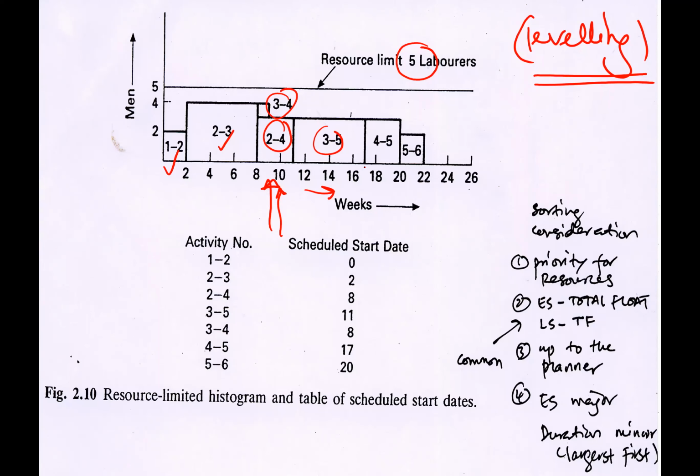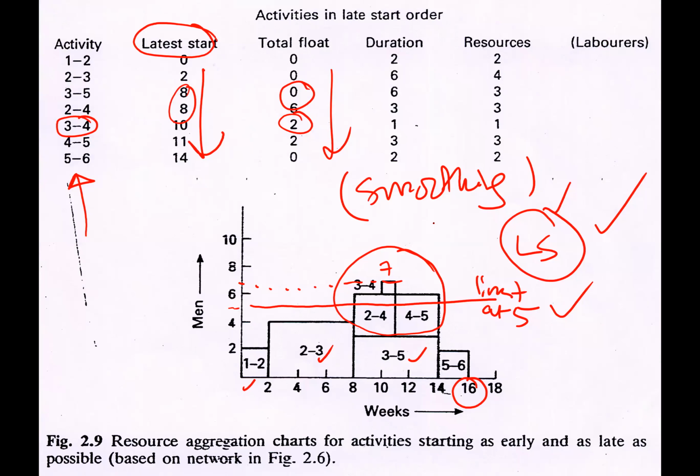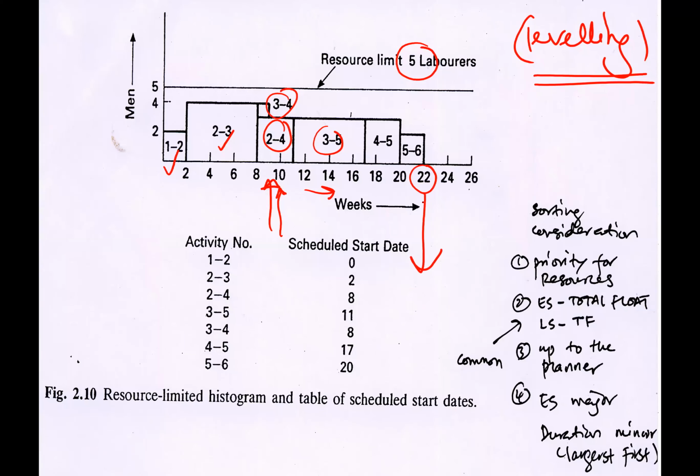And you notice what happened to our project completion. See, 22. Previously, it was only 18. Now, we have pushed back our completion to 22 days. Is it acceptable? You need to ask yourself if it is still within your project time frame.